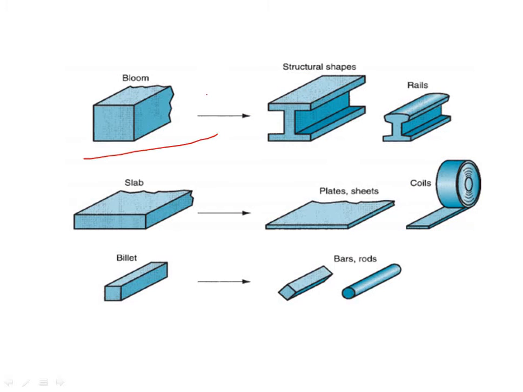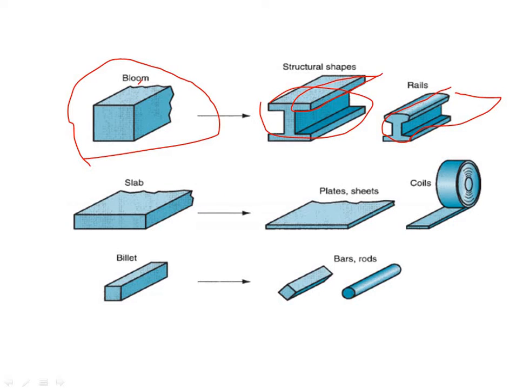Next, you all can see the sketch of the bloom. This is the bloom shown here. And structural shapes, you all can see this whole is a structural shape. And rails, railway tracks, you might have seen the rails.